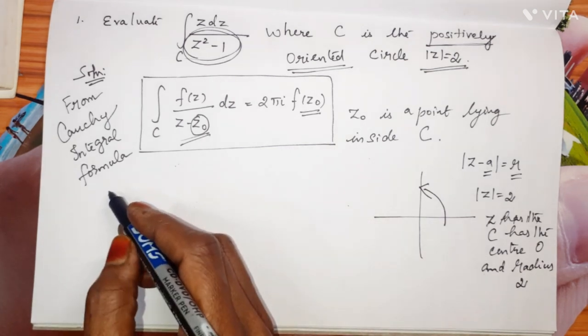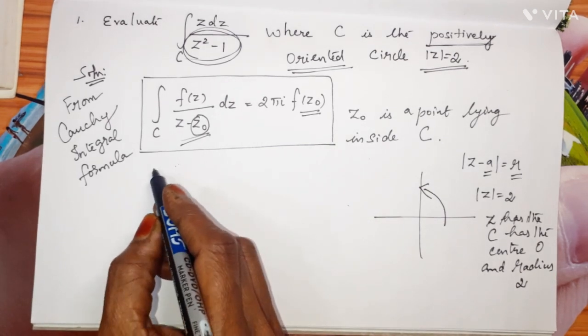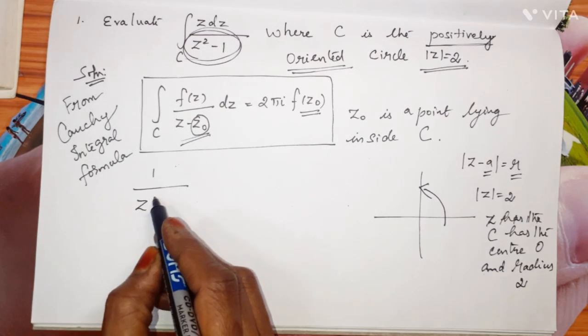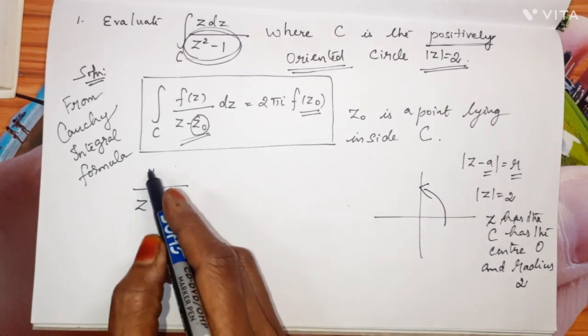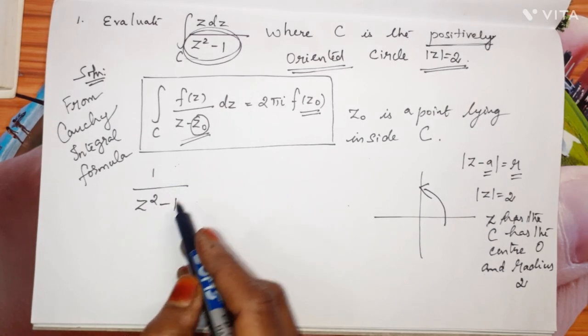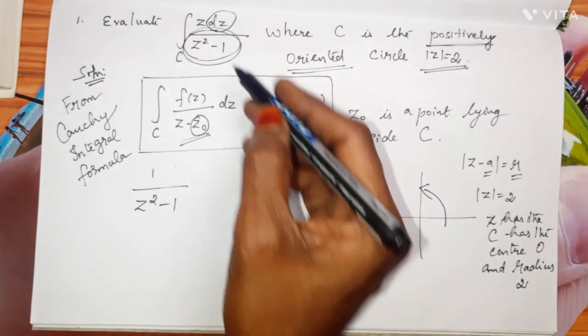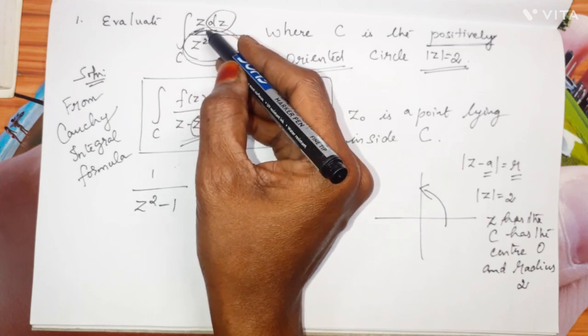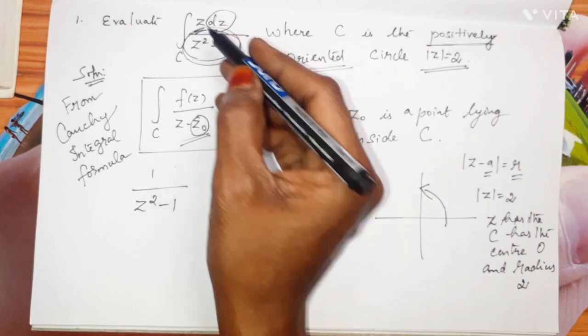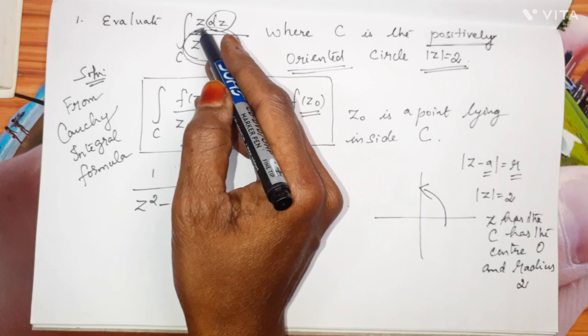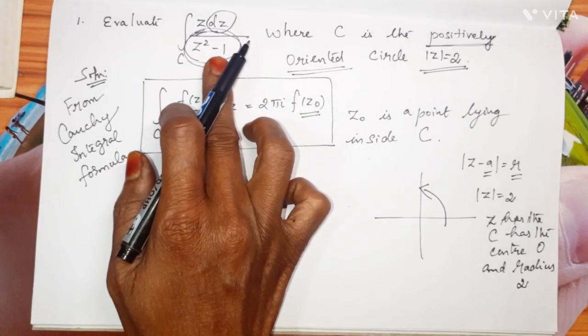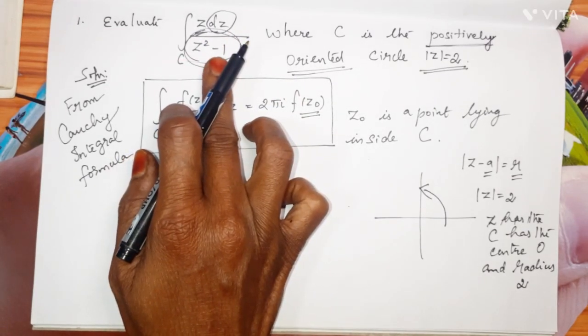For that, I am going to take the denominator term separately, 1 by z squared minus 1. Here, excluding this dz, whatever term we have now, that we have to take as f of z. So obviously f of z is equal to z.